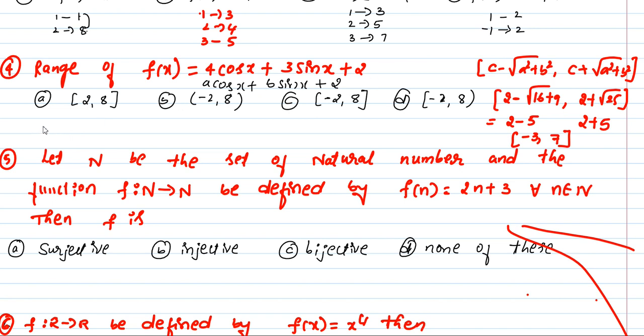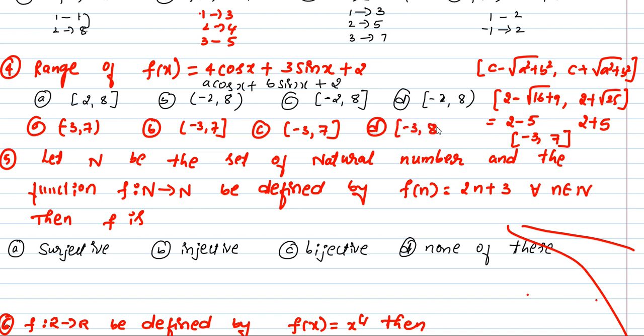We can expect the answer as: a is equal to minus 3, 7 and b is equal to minus 3, 7 and c is equal to minus 3, 7 and d is equal to minus 3, 8. As per this, the answer minus 3, 7 with closed interval is correct.